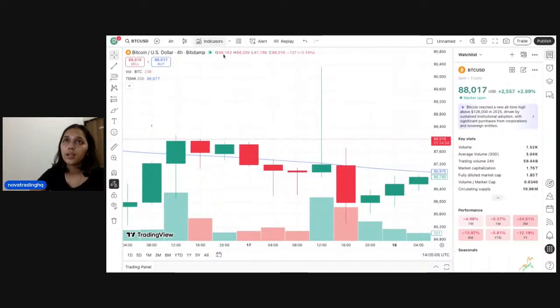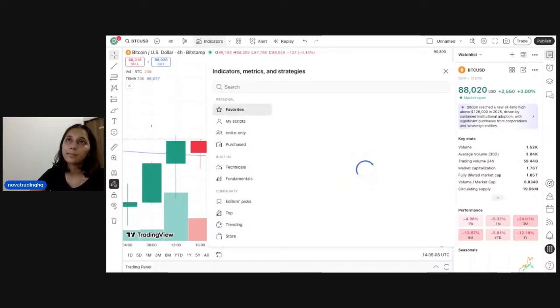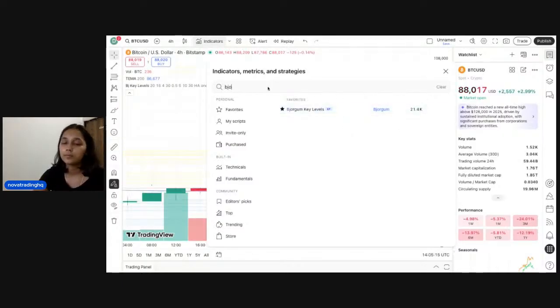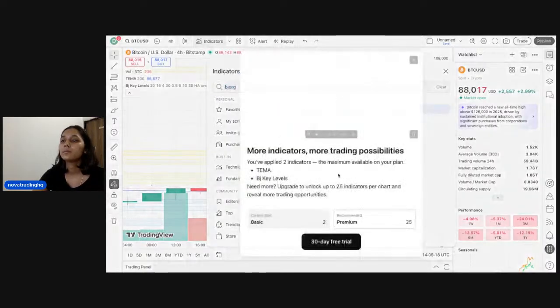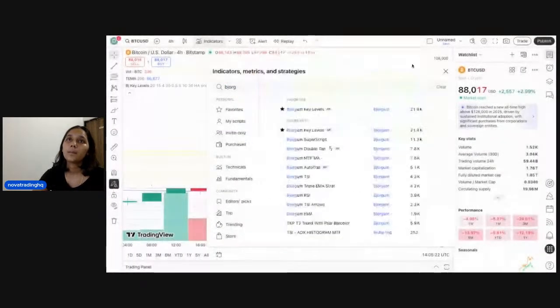Let me quickly add a few indicators. I think we already have the volume here, and I have just added key levels.